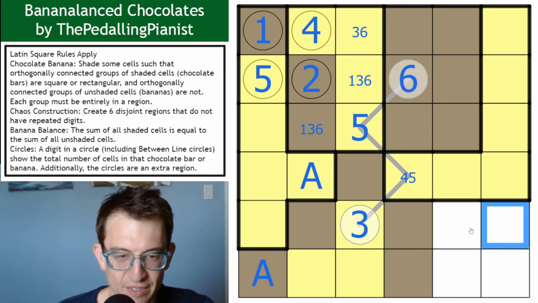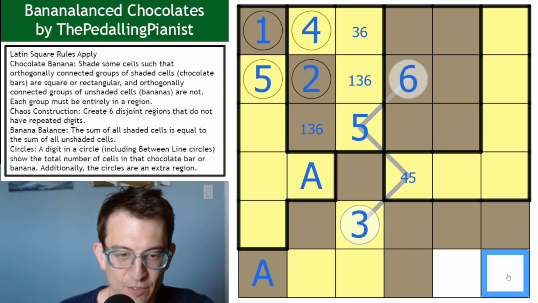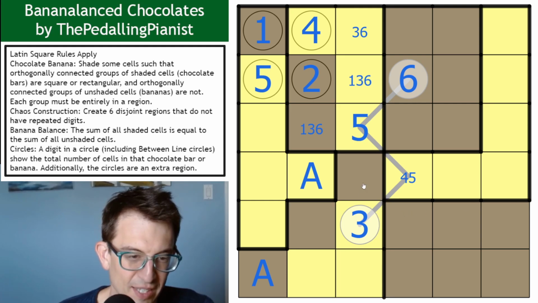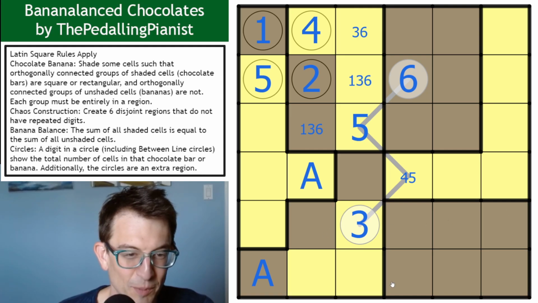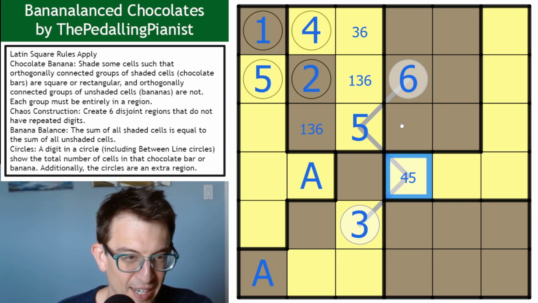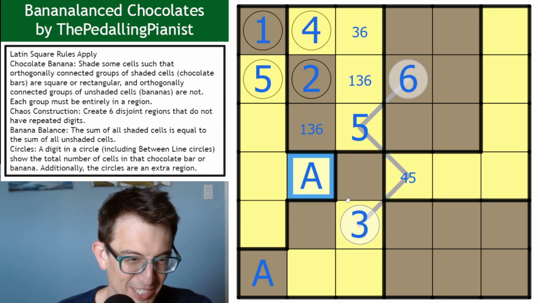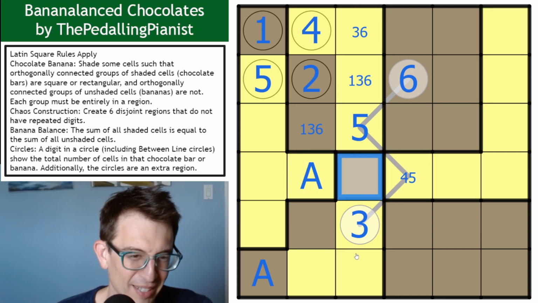These are chocolate because they have bordered this banana, and therefore this is all chocolate. This is a 6-cell region. And this staircase is a 6-cell region as well. So we're done with chocolate bananas. We're done with regions. So we've done the chaos construction. I just now need to do some sudoku, which shouldn't be that hard, but I'm sure it will be.